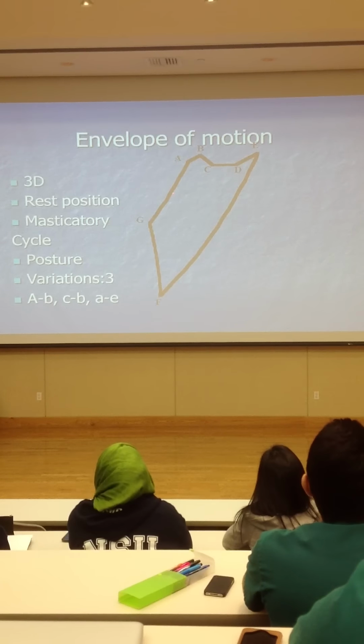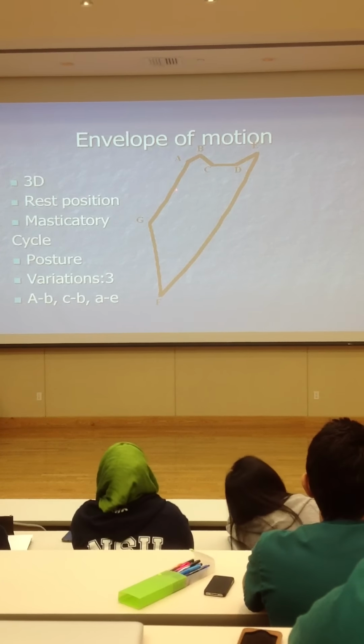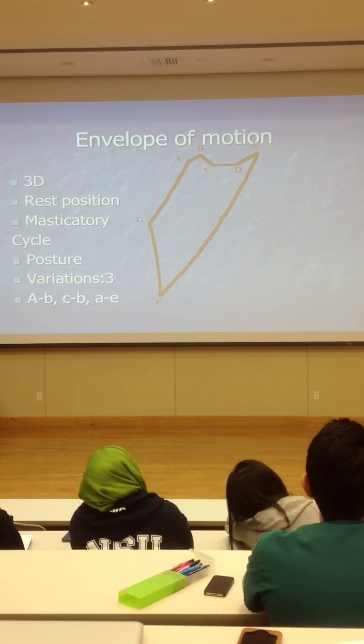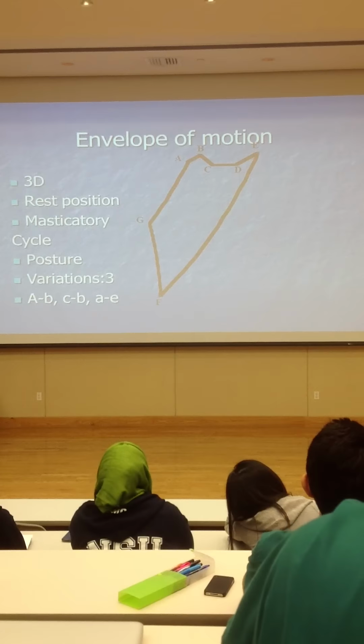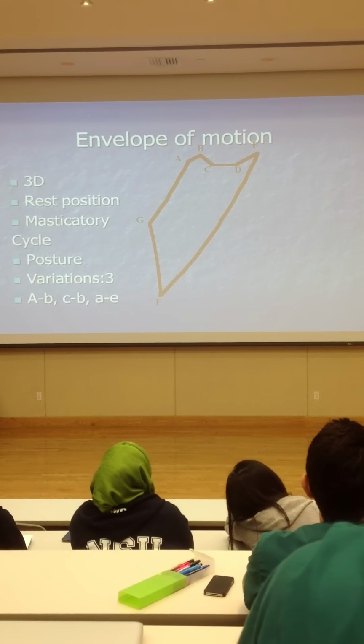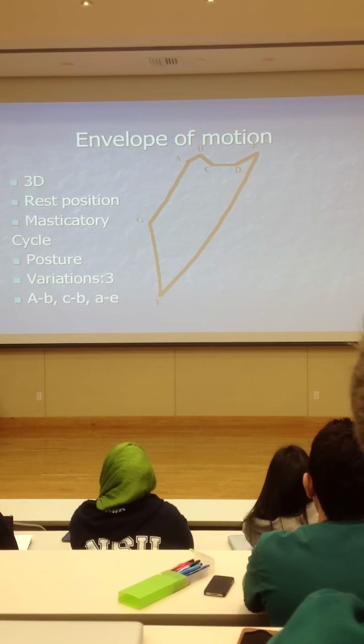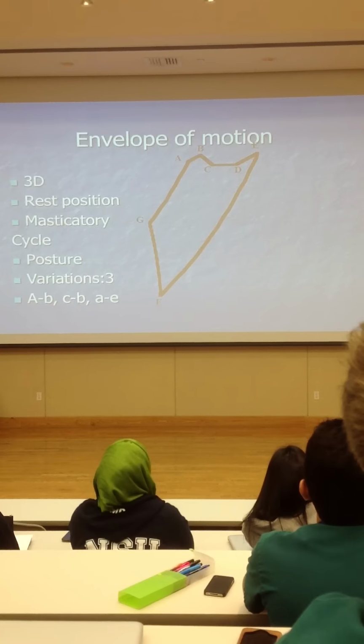Now, can you all get to here? To the halfway between A and G. Can you? Show me. Okay, what position should your head be in if you are at A to G? Like this.